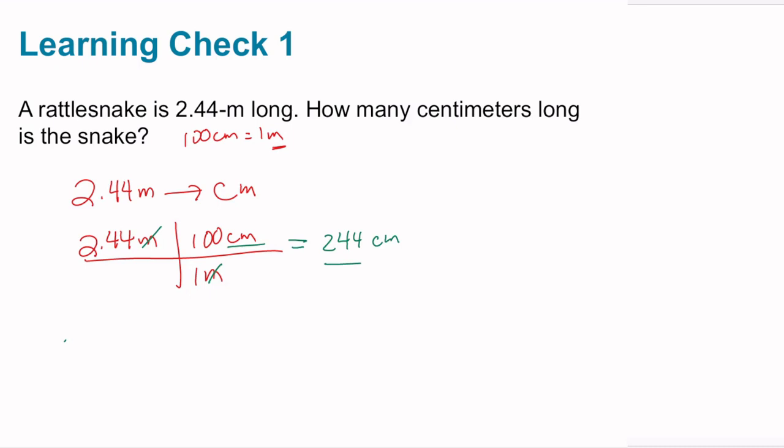Since we had 3 significant figures in our initial value, we're limited to 3 significant figures in our answer because the 100 centimeters divided by 1 meter is a conversion factor between metric units, and those are defined quantities and don't limit our significant figures in the final answer.